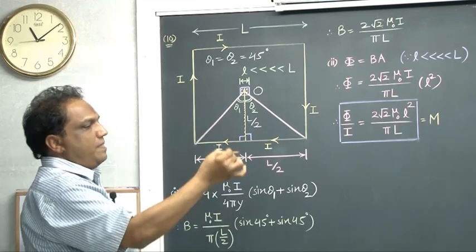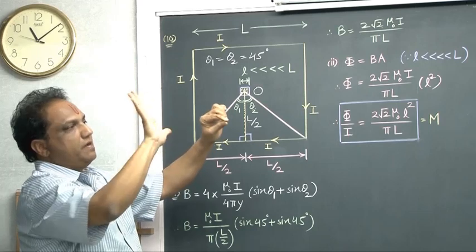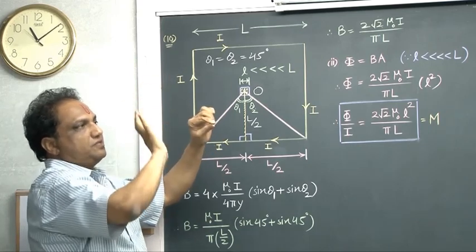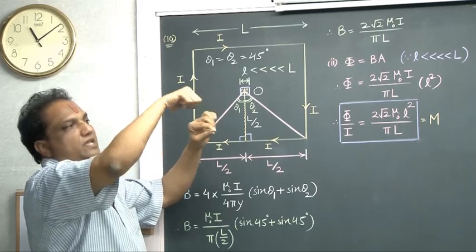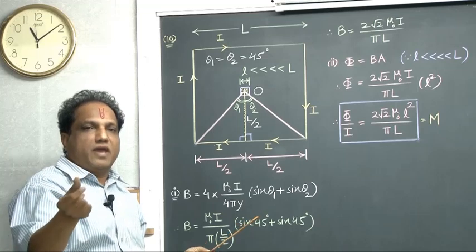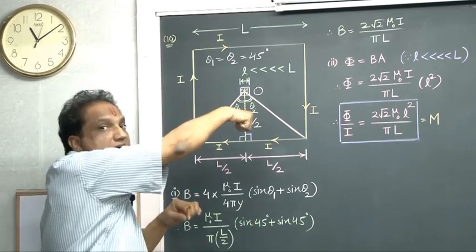Fine. Then what you should do? You should hold the axis of this frame in your right hand palm such that the fingers are taking turn in the direction of current, and in that case the direction shown by the thumb gives you the direction of magnetic field. Right now it is perpendicularly inside.